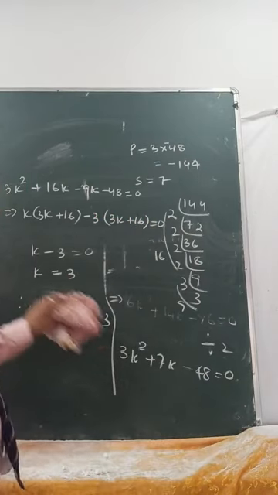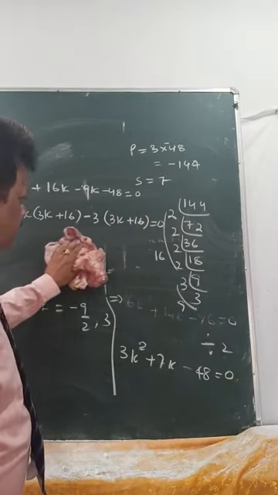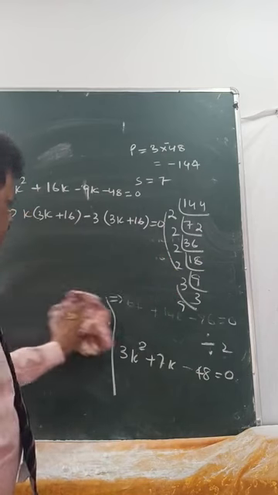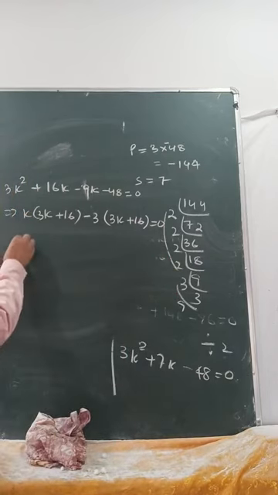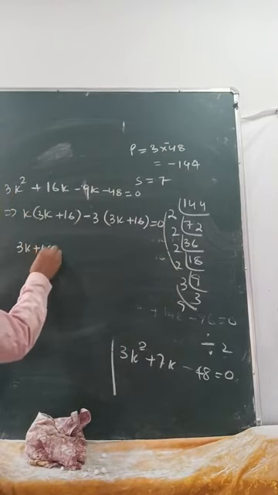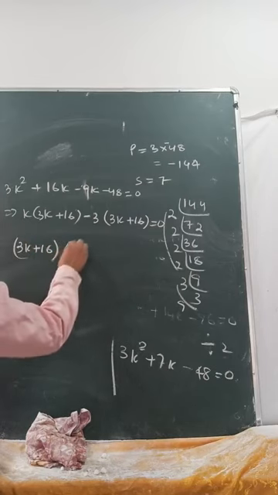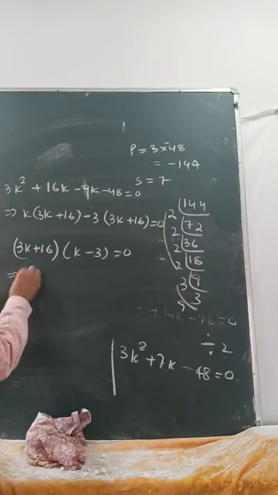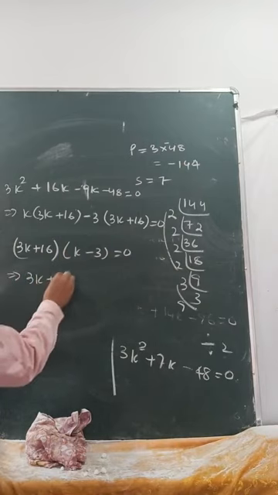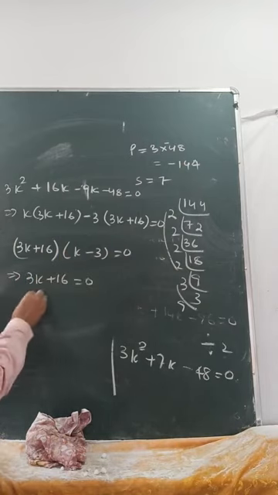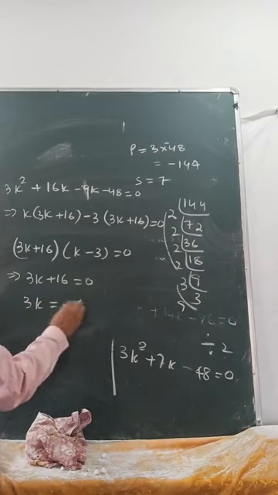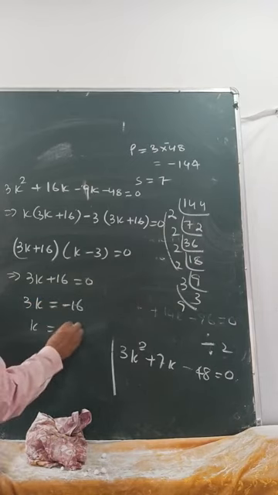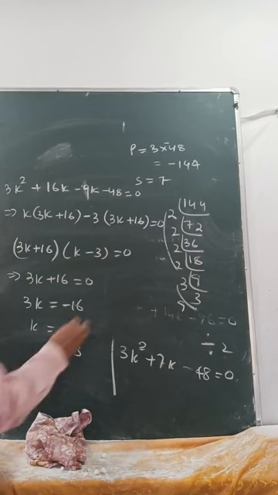Okay, then what will you get? 3k plus 16 times k minus 3 equals 0. 3k plus 16 is 0, 3k equals minus 16, k equals minus 16 by 3.